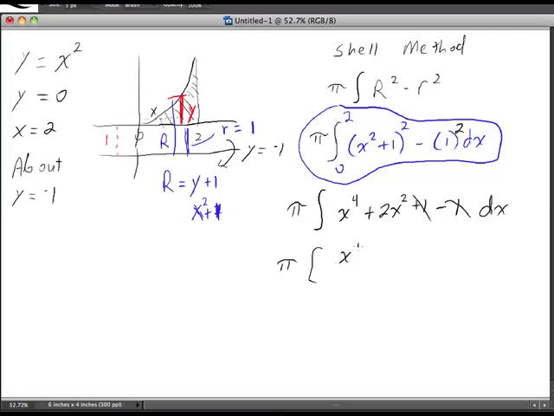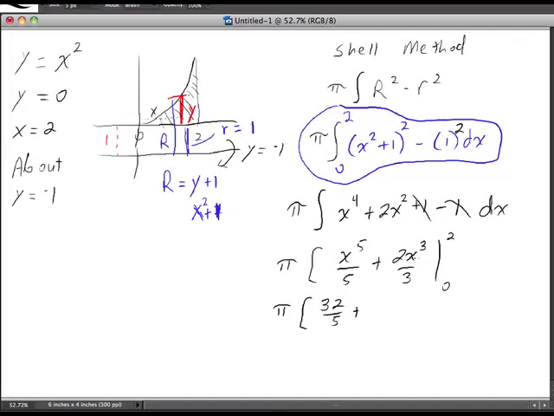When I integrate this, I get x to the 5 over 5. You raise it to the 1 higher, divide by the 1 higher. 2x to the 3 over 3. Again, raising to the 1 higher, dividing by the 1 higher. And I'm going from bounds of 0 to 2. Fundamental theorem of calculus states I plug in my upper bound first. 2 to the 5th is 32.